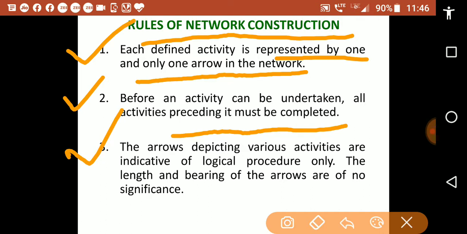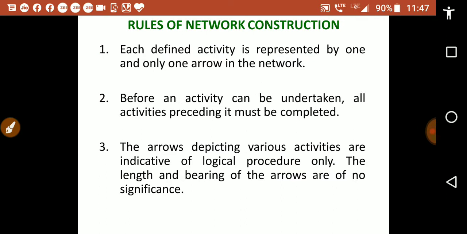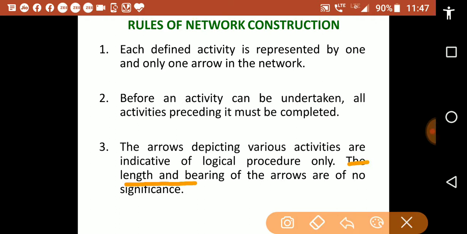Third, the arrows depicting various activities are indicative of a logical procedure only, and the length and bearing of the arrow are of no significance.